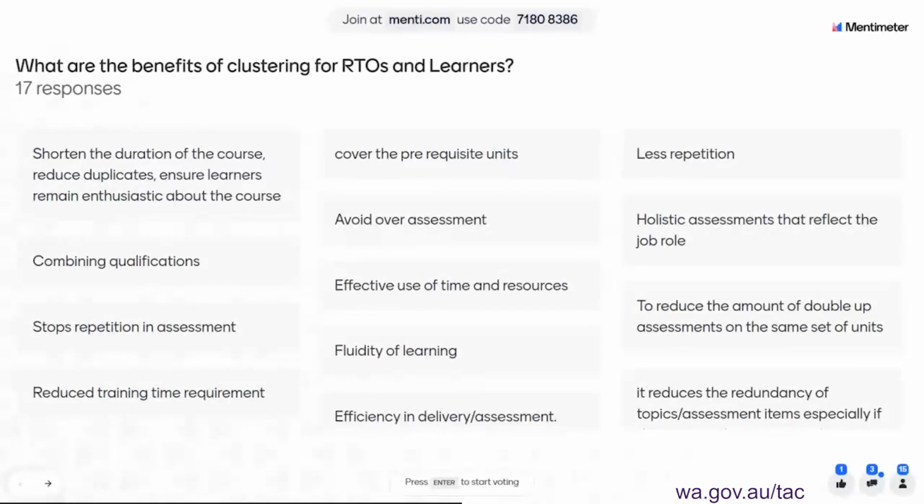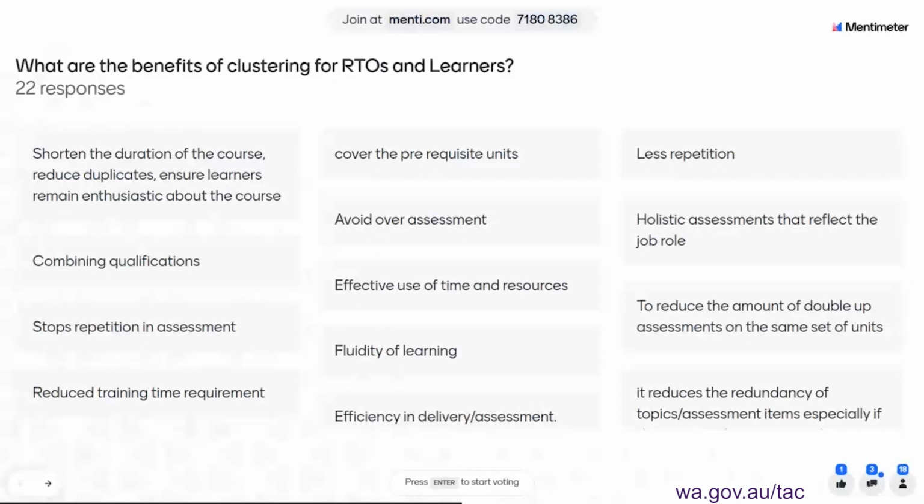Okay, so we're starting to see our responses there. I've got 17 responses on the screen in front of me, and there's some commonalities between the things that you are saying there. So a big one that's popping up is this reduction or stopping of repetition in the units, and some training packages are much better than others at repeating things throughout units.